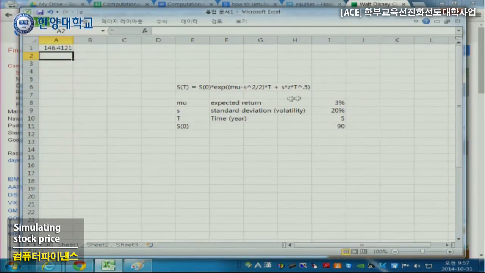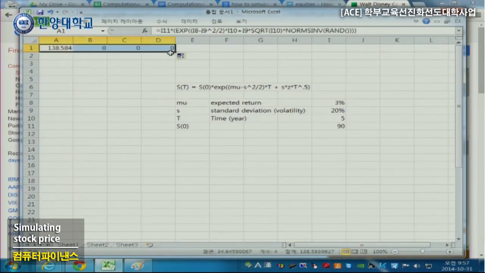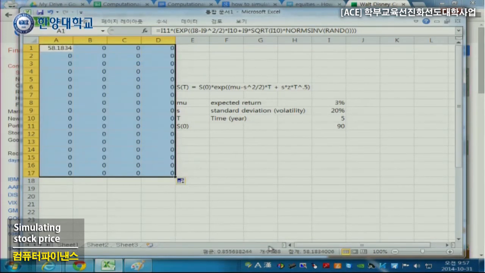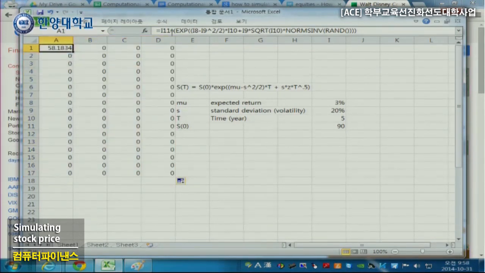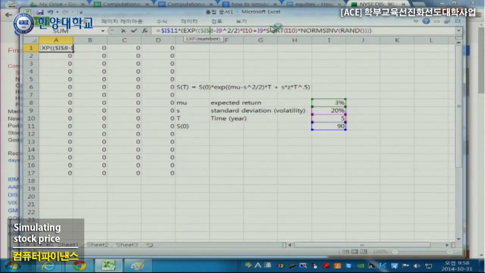Done. So it is one stock price. Oh, yes, sorry, I have to add the absolute value everywhere.